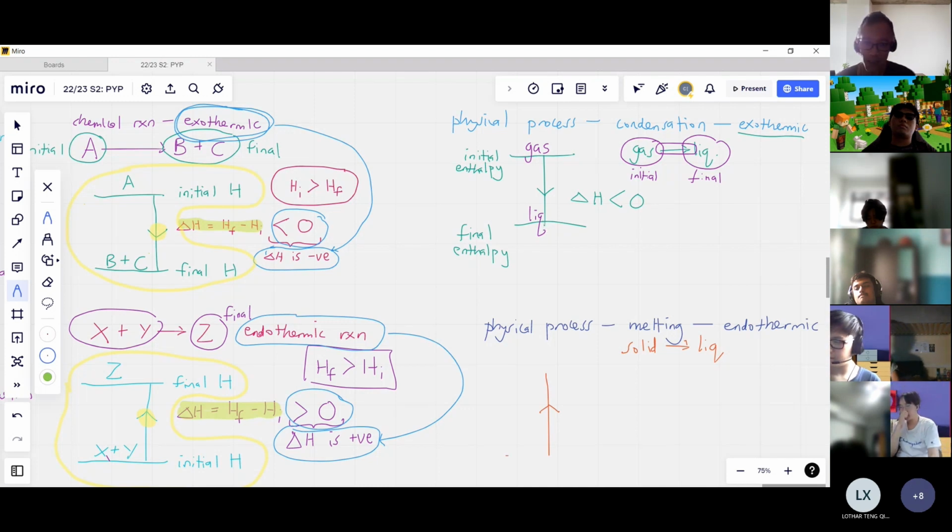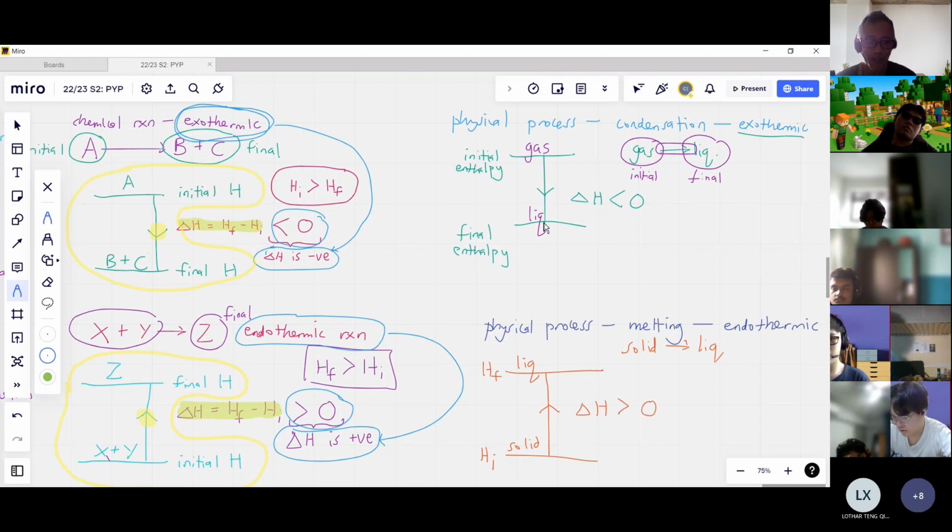So likewise, I also put solid to liquid. So this would be the initial, this is the final enthalpy, and this is the initial enthalpy. F for final, I for initial, and then you need to write out what's the enthalpy change.